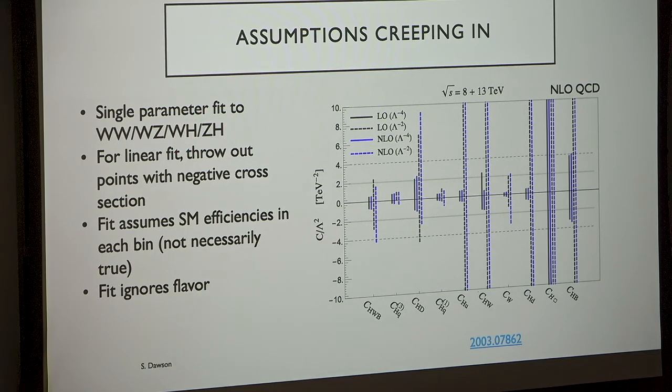You don't really care what the coefficients are, but what it shows is how the fits change when you go from 1 over lambda squared plus 1 over lambda to the 4th, as opposed to the linear approximation, and then when you put QCD corrections in. So depending on how you do your fit to the various coefficients, you're going to get slightly different answers.